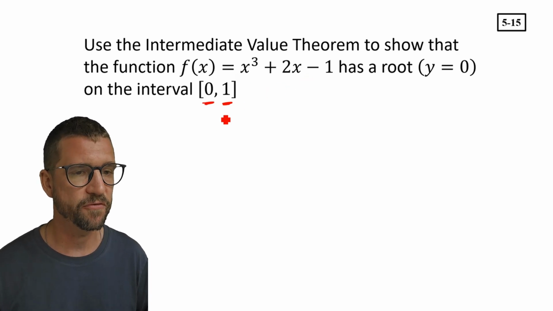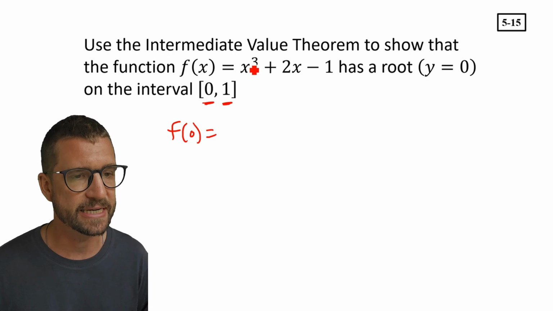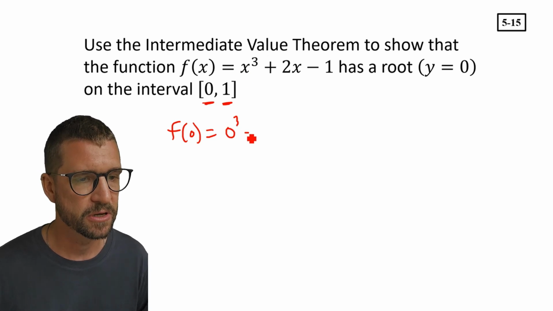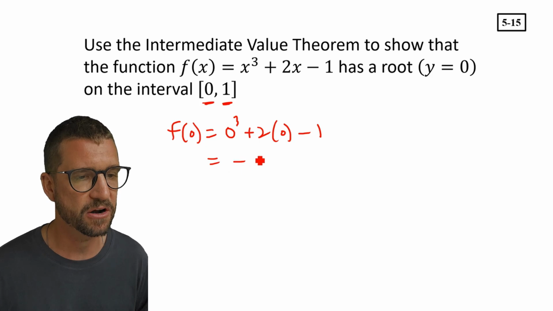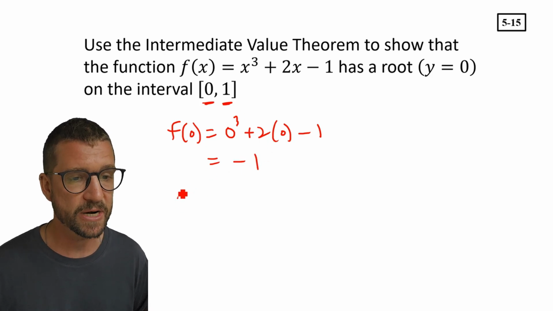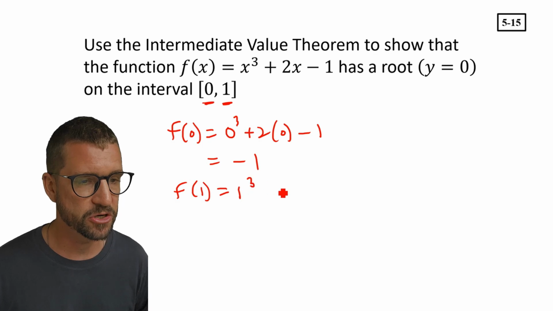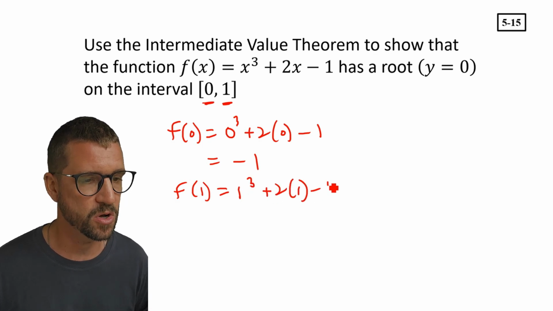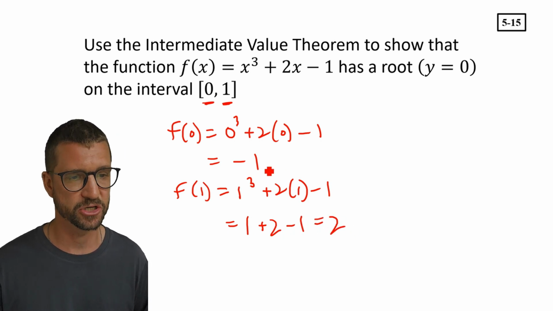So how do we do this? Well, we're going to find f of 0. When I plug in 0 here, I get 0 cubed plus 2 times 0 minus 1, so f of 0 is negative 1. And I also want to calculate f of 1, which is 1 cubed plus 2 times 1 minus 1, which is 1 plus 2 minus 1, which is 2.